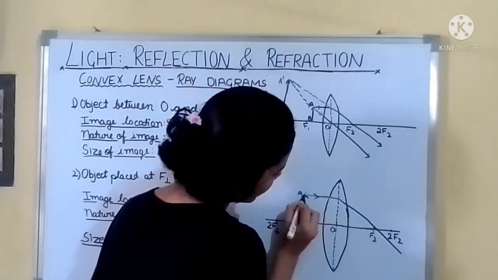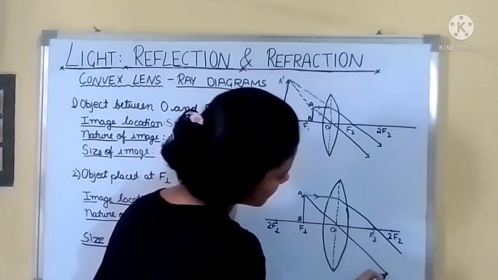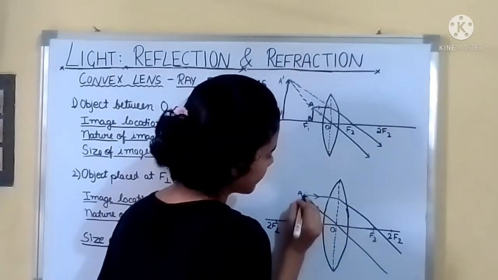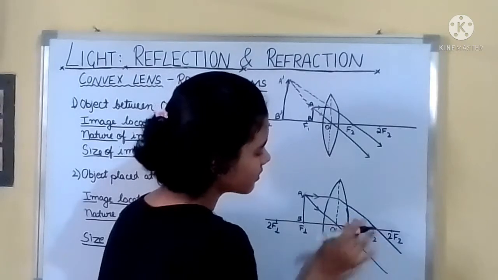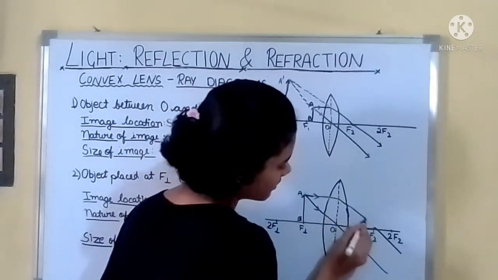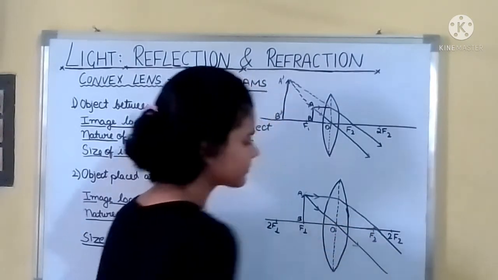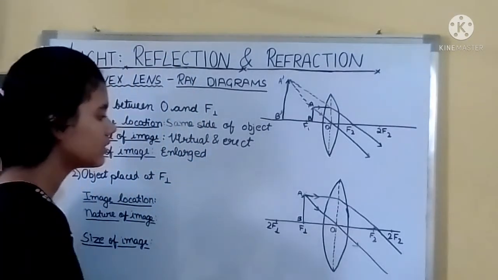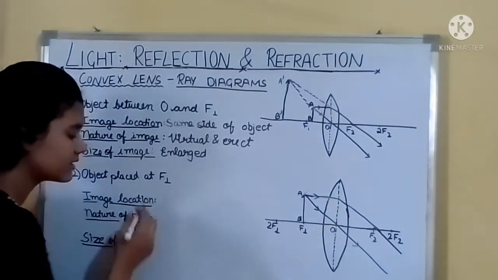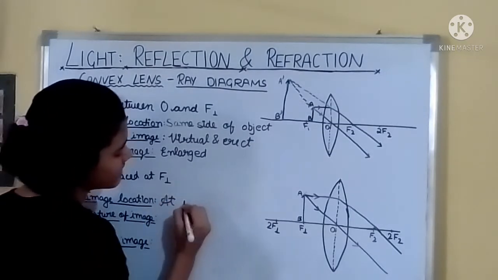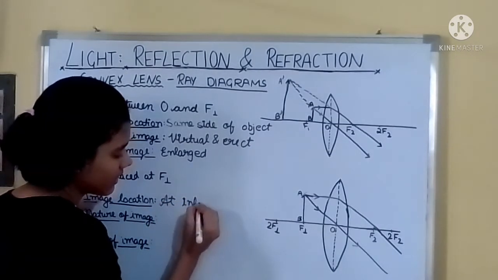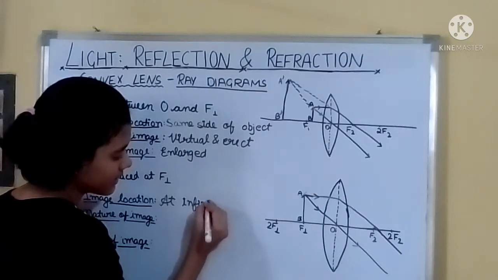Then one incident ray will pass through the optical center. What you can see is that these two rays are going parallel. So what conclusion can we get? The image location is at infinity, because since they are not joining anywhere, they will join at infinity.